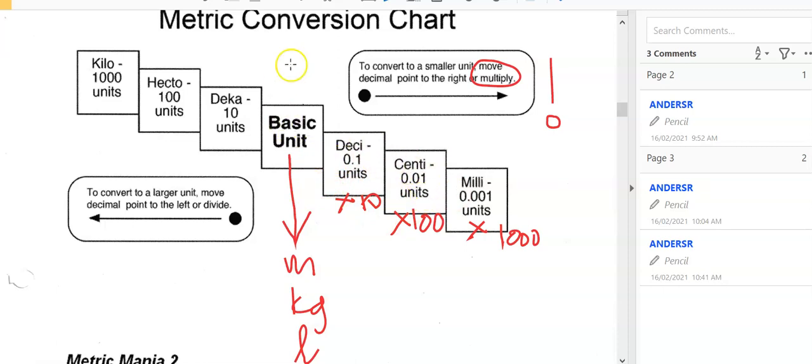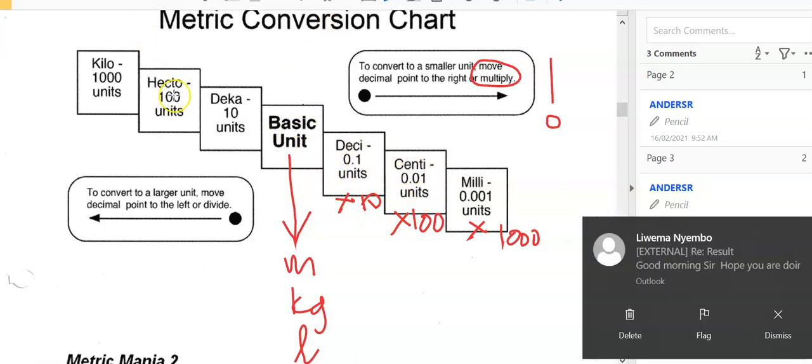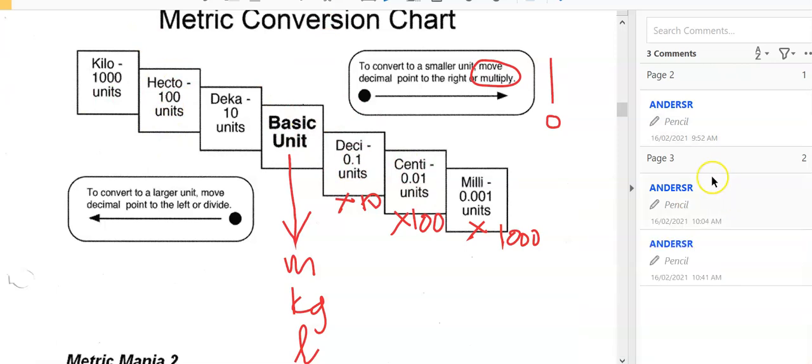If we must convert meters to kilometers, sorry about that, we must divide. So if you're converting from a small unit to a bigger unit, going from meters to kilometers, we must divide by 1,000.